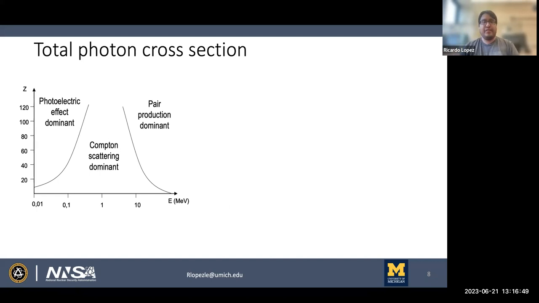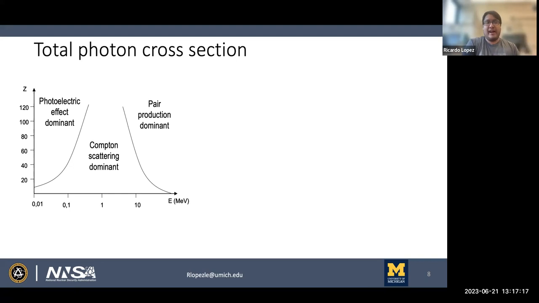In this case, the big three that we talked about being the photoelectric, the Compton scattering, and the pair production. The relationship between these three is that as you go higher in energy and higher in Z, or rather the proton number of your particular atom that is being included in the interaction, then the more likely pair production dominates.